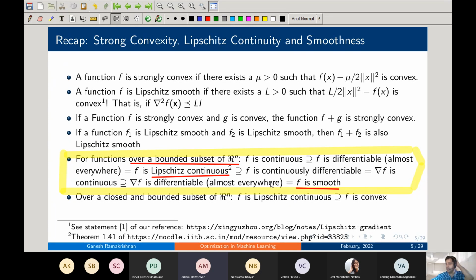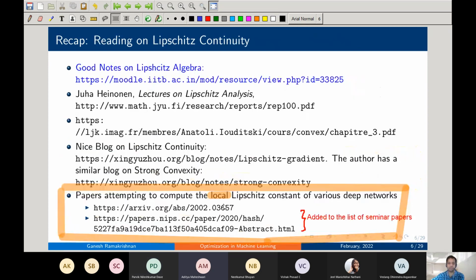But unfortunately, with L1 loss and hinge loss, we can't say that. You can say that f is differentiable almost everywhere if it's hinge loss. We saw those concentric circles last time, right? So hinge loss or L1 loss is differentiable almost everywhere. But now we want the gradient to be differentiable almost everywhere, which is not easy. Does that help? Yes, sir. So we would not expect the hinge loss or L1 to be smooth.